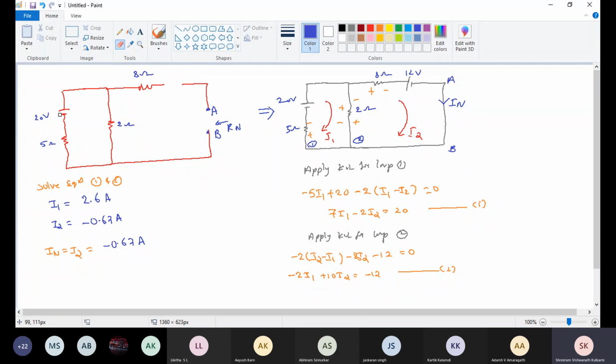Now for calculating RN, we need to short circuit the voltage sources. If internal resistances are there, then replace them with the internal resistance. Here no internal resistance was given, so I am going to short circuit the voltage sources. Now tell me the RN. 5 and 2 are in parallel.